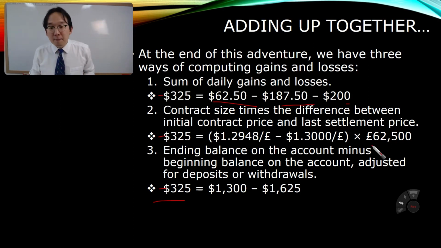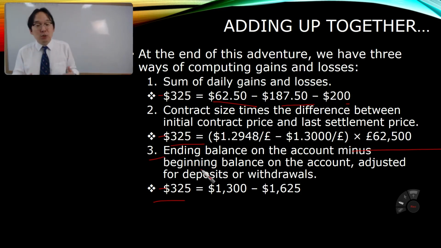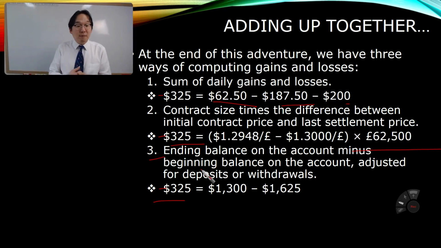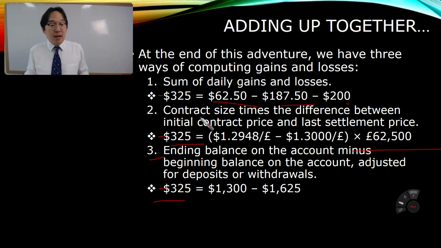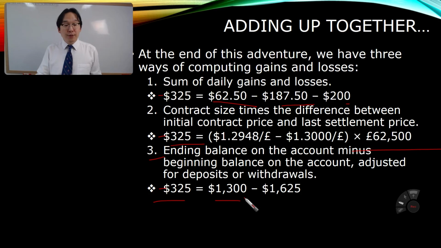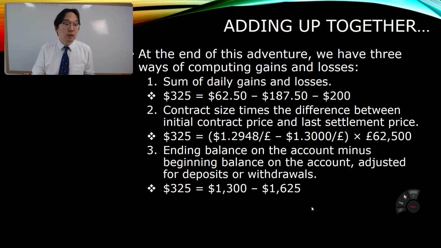And then you get this 325. The third way of doing it is the ending balance on the account minus the beginning balance on the account, adjusting for deposits or withdrawals. So 1300 minus 1625. Initial balance and then ending balance. This is your loss. So that's how we calculate all these things.